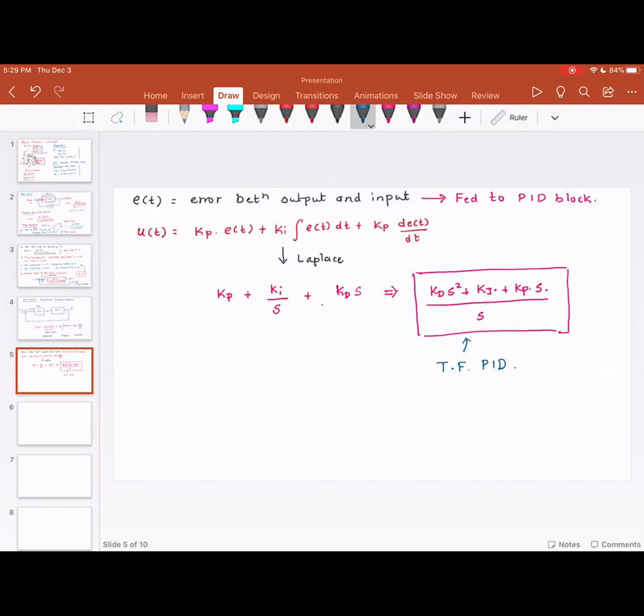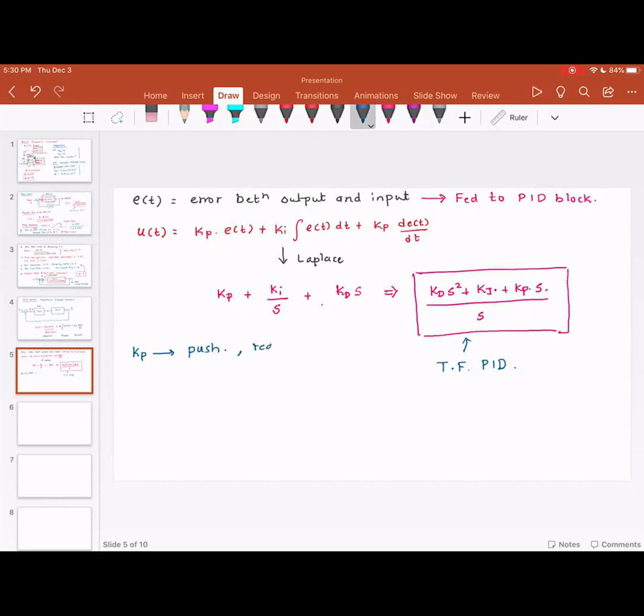Now, I just want to tell you what this Kp, Kd, and Ki does. So, whenever you have a Kp term, it sort of gives a push, which means it forces the output to be close to input. It tries to push the output close to input. It reduces but does not eliminate steady state error.